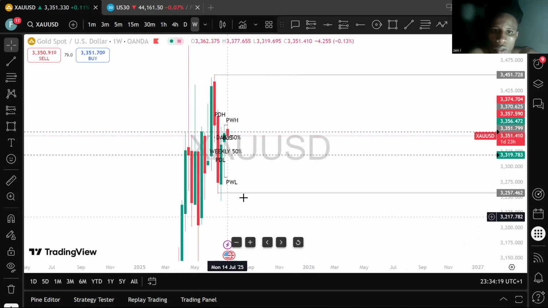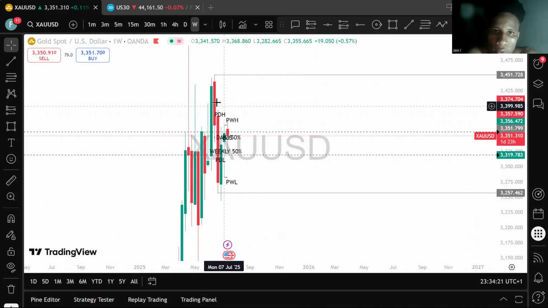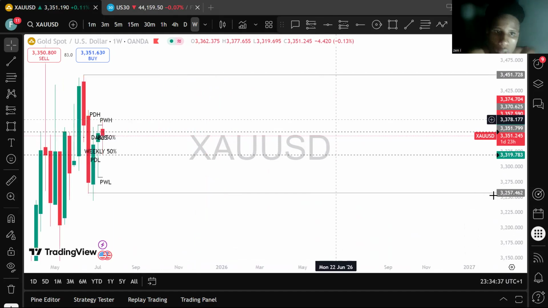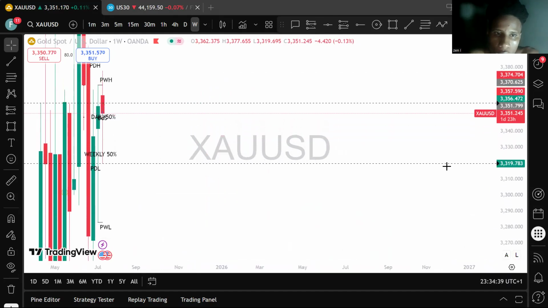This is range high, range low, right? We will see that price swept the range low and then price started pushing to the upside, right? So we can expect that price will get to the range high. That's the expectation. So still bullish, right?